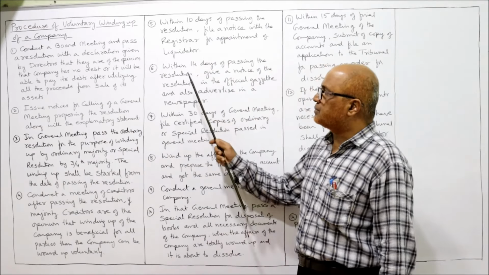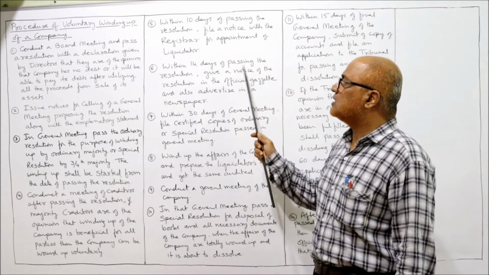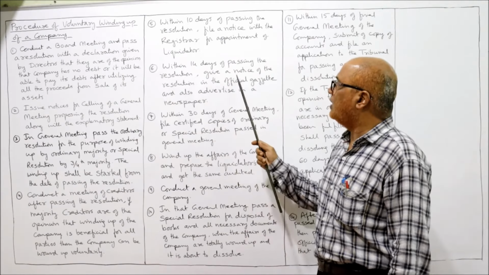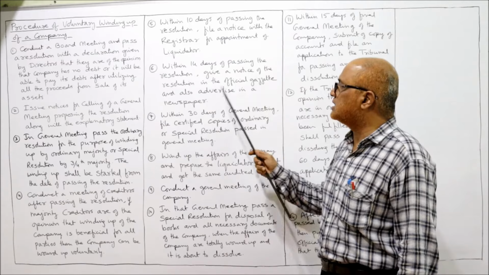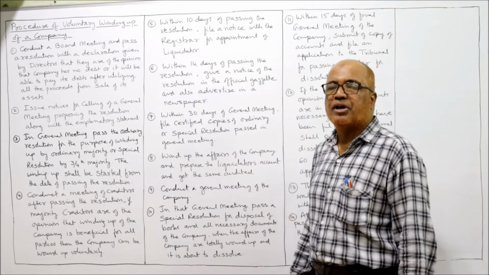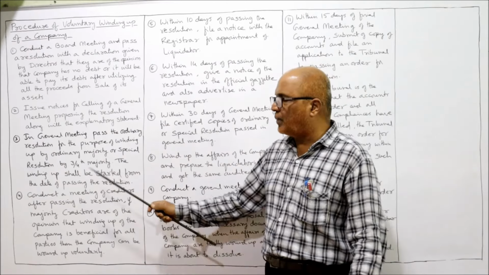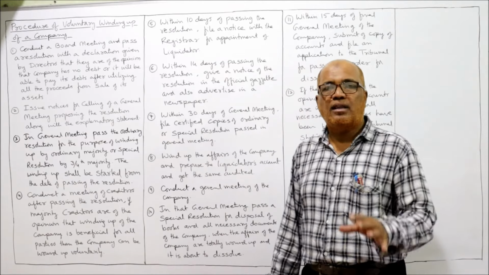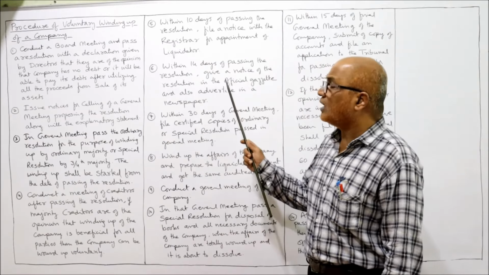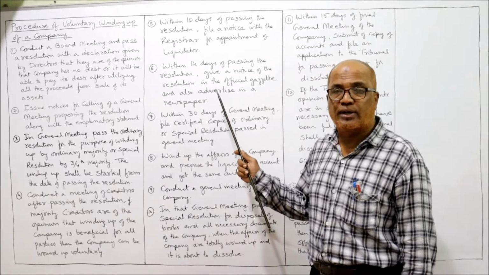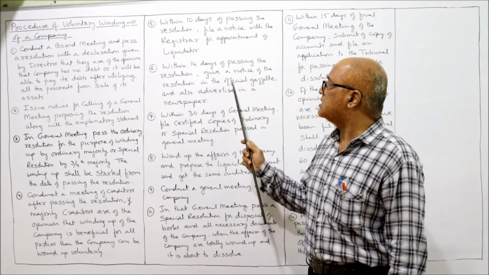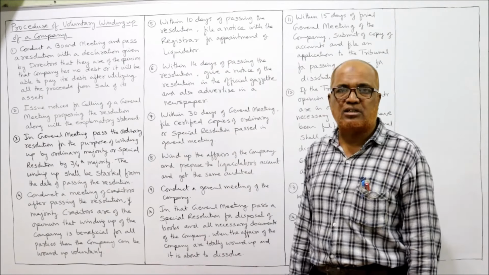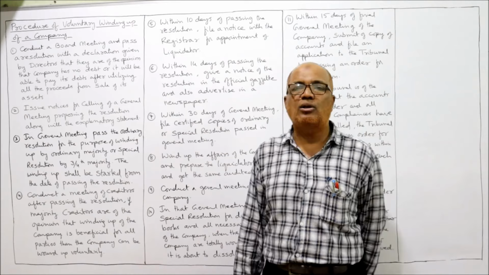So, fifth step. Sixth step, within 14 days of passing the resolution, give a notice of resolution in the official gazette and also advertise in the newspaper. The company has to give an advertisement that the company is going to be wound up, in the official gazette as well as local newspapers.